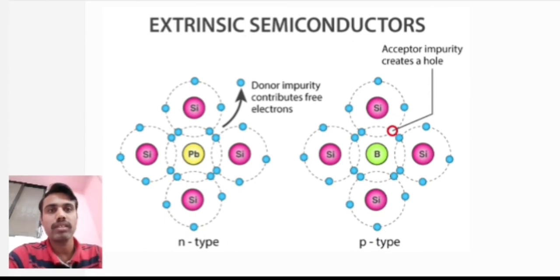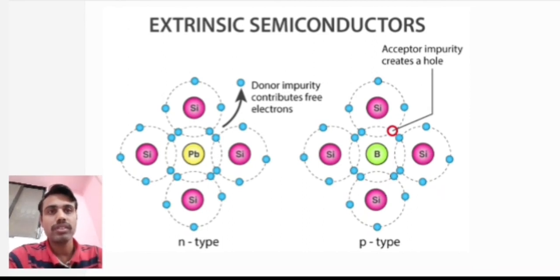If we replace one silicon atom with one pentavalent atom, we get an n-type extrinsic semiconductor, while if we replace one silicon atom with one trivalent atom, we get a p-type extrinsic semiconductor. That we have to understand here.